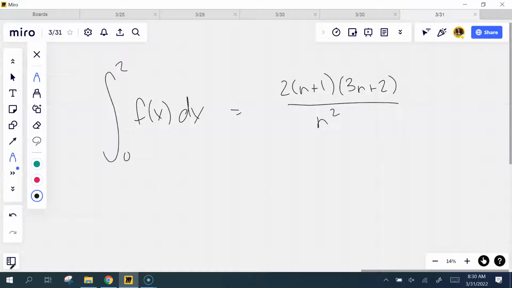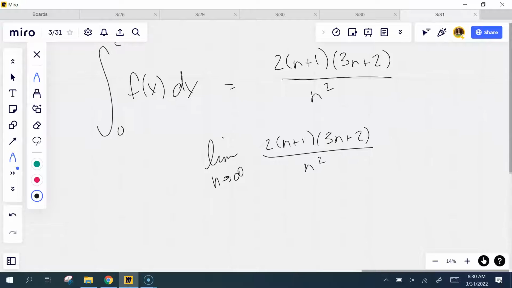So all you had to do here, remember, a Riemann sum is estimating the area under the curve with an infinite number of rectangles. So I did the limit as n goes to infinity of 2n plus 1, 3n plus 2, which looks bad, right?